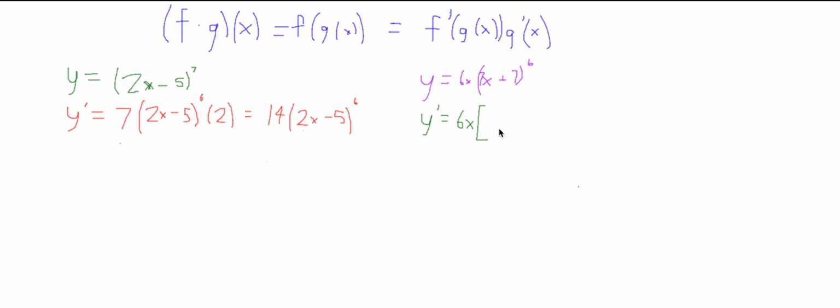So we do the outer derivative. That's 6 times (7x plus 7) to the 5th power, times the inside derivative, which is 7, plus (7x plus 7) to the 6th power times 6 basically.